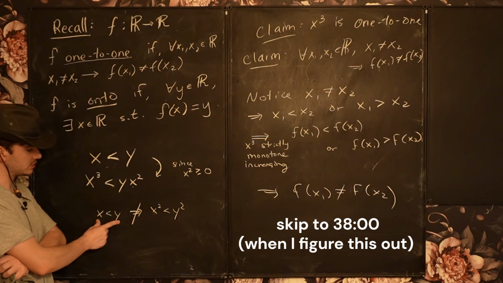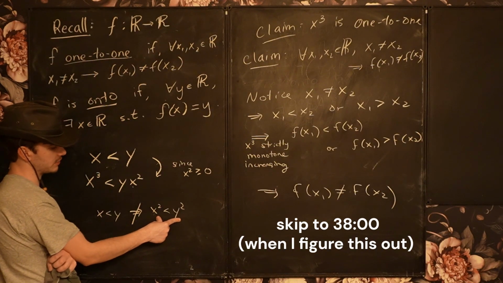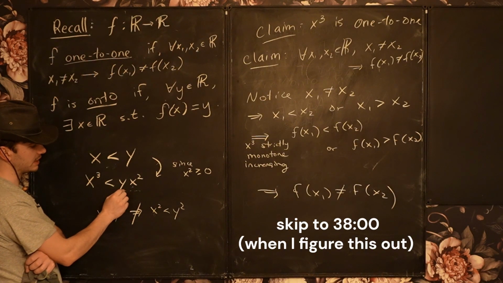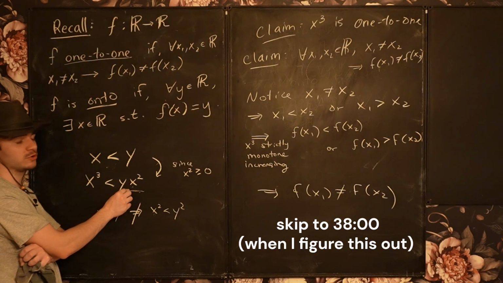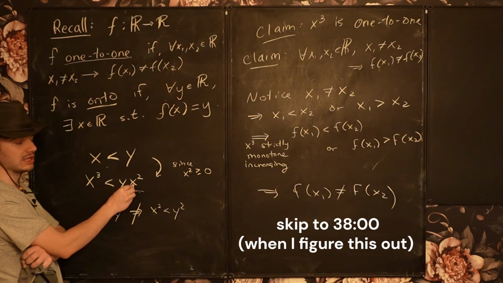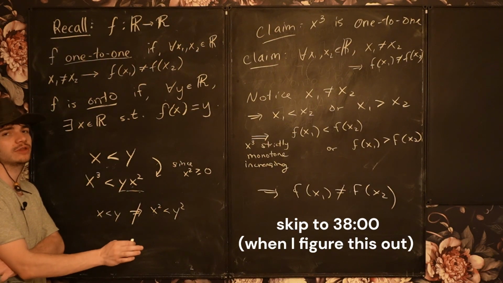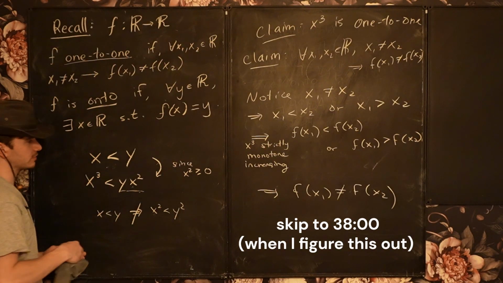So just knowing that x is less than y doesn't actually tell me that x squared is less than y squared. And so x squared could be huge, and then all of a sudden I have a problem because this right-hand side of this inequality is somewhat useless. Because I want to replace this x squared with a y squared to get myself y cubed, but I can't do that, okay? Because I don't know that x squared is less than y squared.